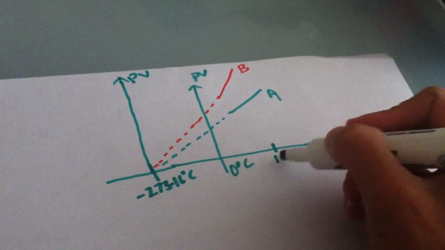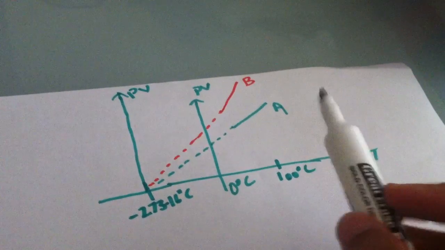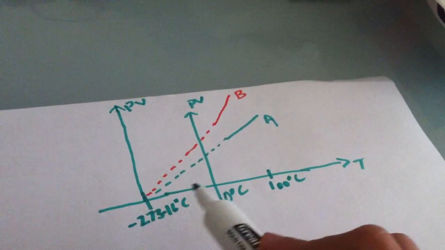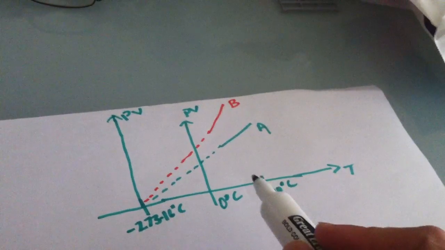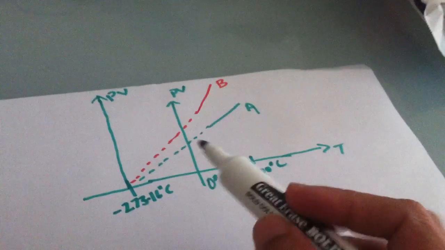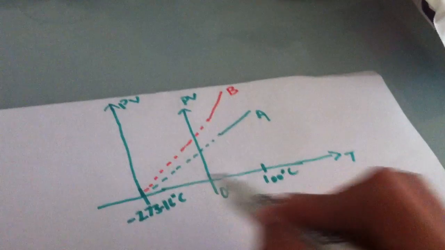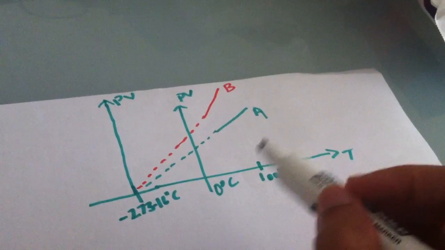For example, if I had 100 degrees centigrade on my old scale, my new temperature is just this length, which is 273.16 plus 100 degrees, or 373.16.